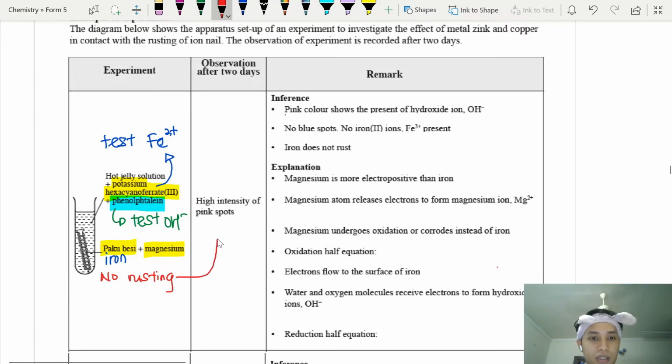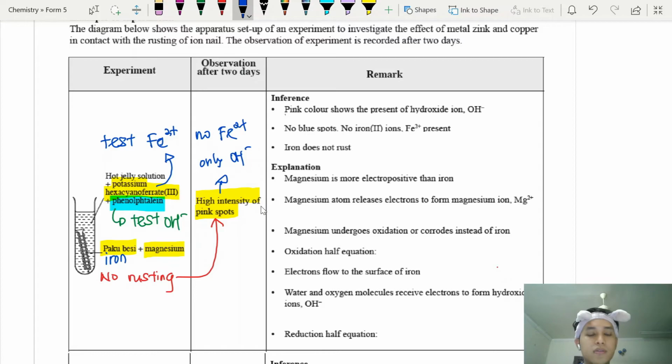If no rusting happens, the color that you will see is this: pink spots, high intensity of pink spots. This observation tells me that in this solution I only have hydroxide ions, no Fe2+ ions, since it's only pink.